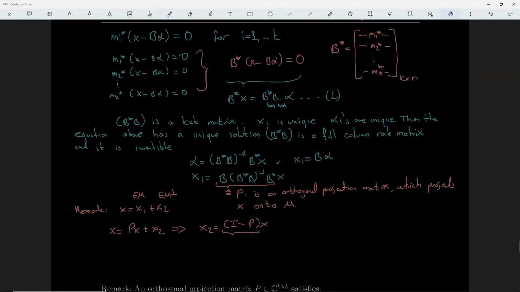So maybe we can write it down explicitly. This is another projection matrix, and it projects X onto M orthogonal complement.